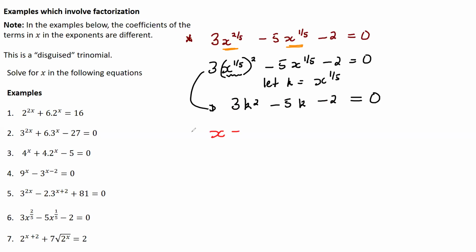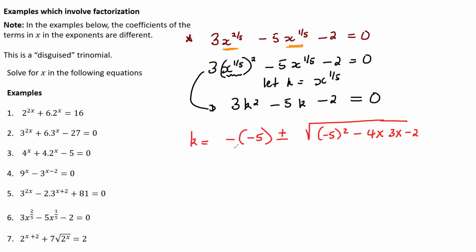So k is equal to minus b plus or minus root of b squared minus 4ac, all over 2a. You can even factorize it the normal way. Try it and tell me what numbers you get for k. What values do you get for k?